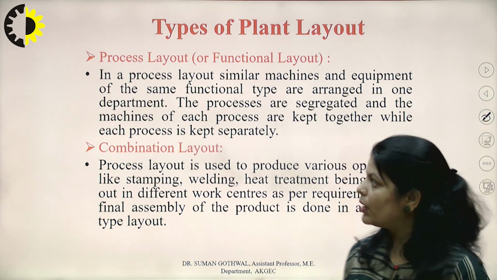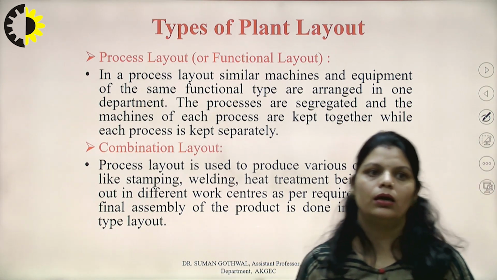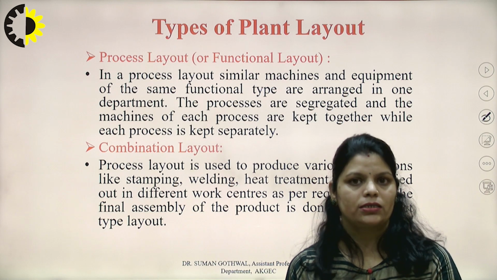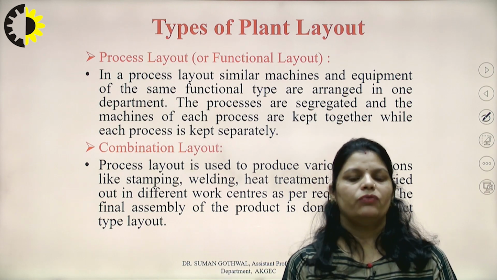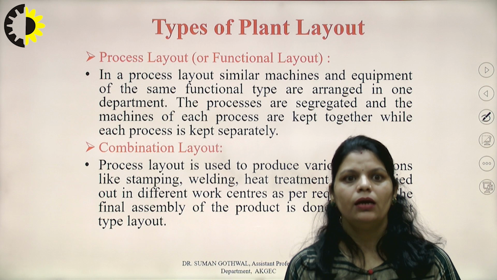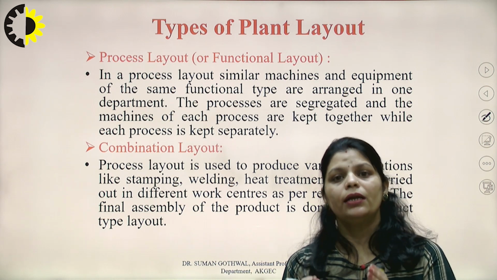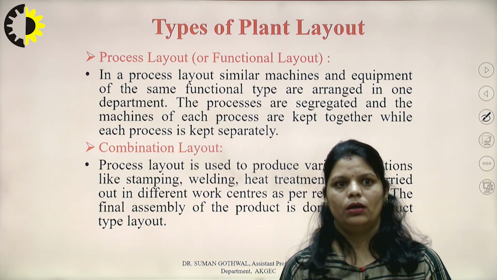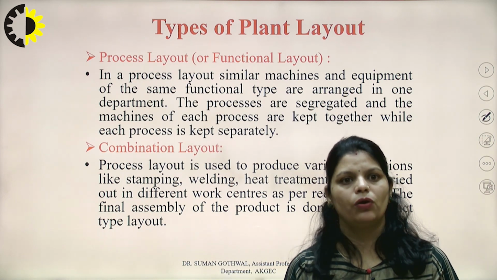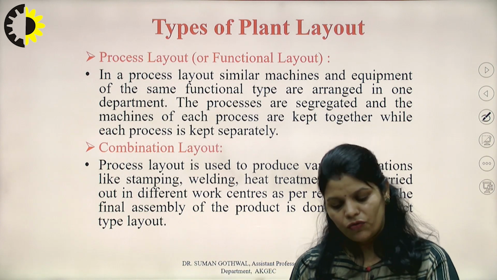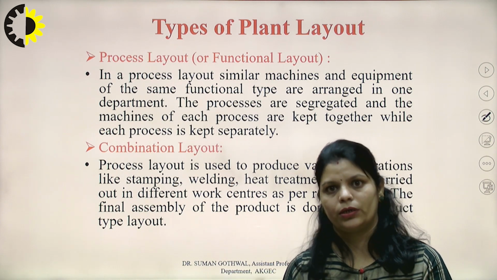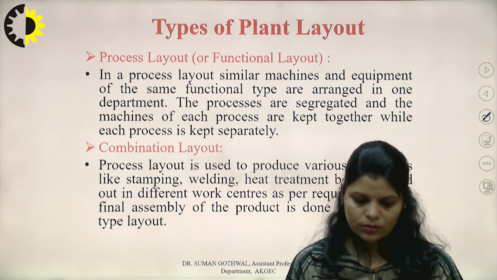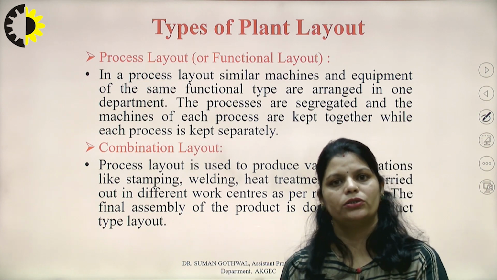But if we talk about the disadvantages of the product layout, we do not get any flexibility, which is generally required. The manufacturing cost will also increase with a fall in the volume of production, because the variety of products is less and the quantity of production is large.